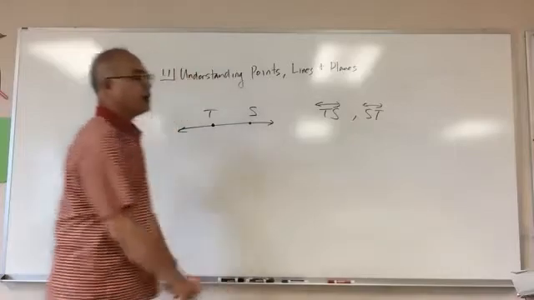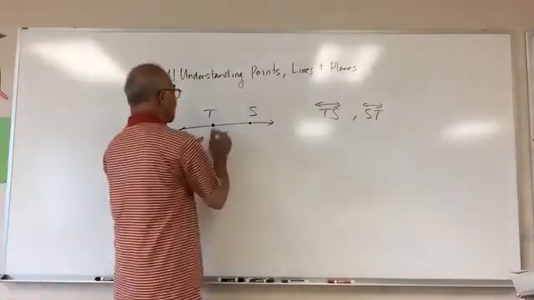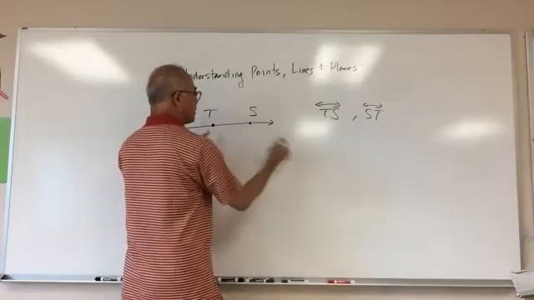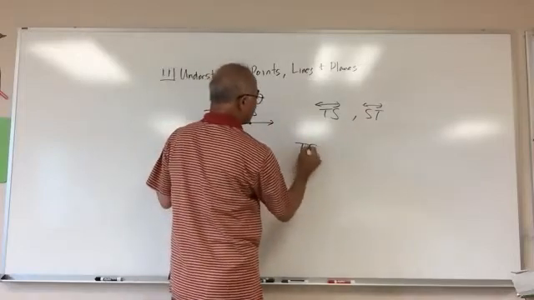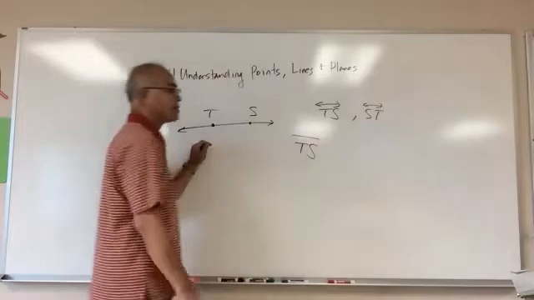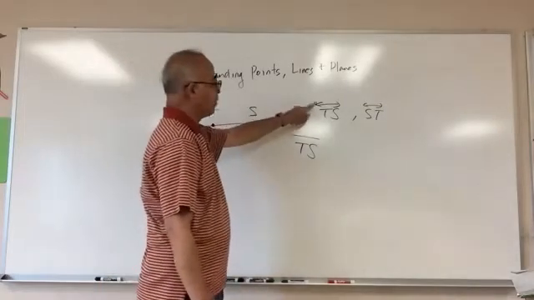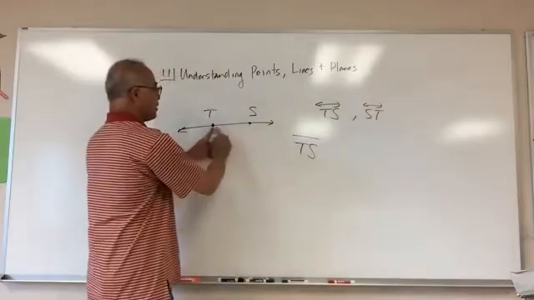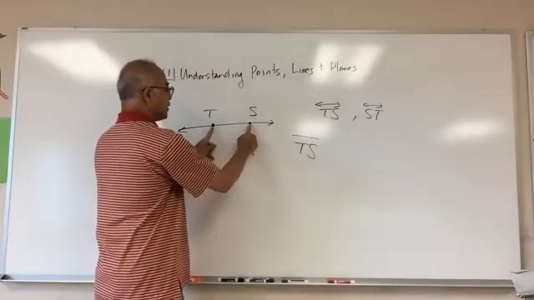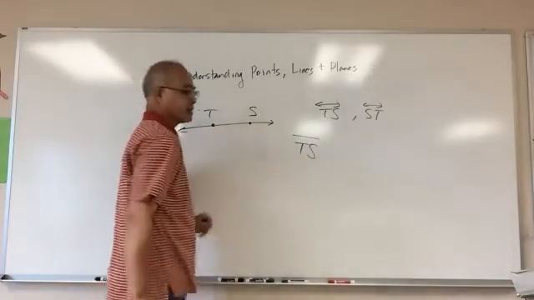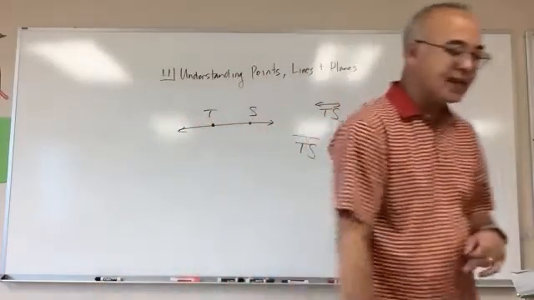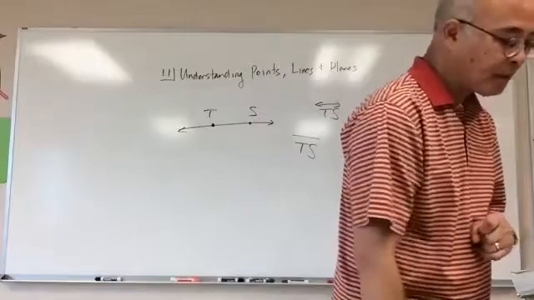And here we're talking about a line segment. We're looking at a segment between T and S. We're going to notate that like this. In other words, it looks like this, but it does not have the arrows on both sides. So it's a segment. It means just this segment from T to S. It's a line segment.